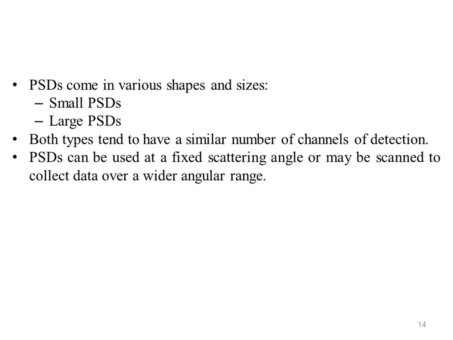Both types tend to have a similar number of channels of detection, 2 to the power n, where n is equal to 9 to 12, so that the 2 theta channel width for the larger PSD is relatively coarse. PSDs can be used at a fixed scattering angle or may be scanned to collect data over a wider angular range.